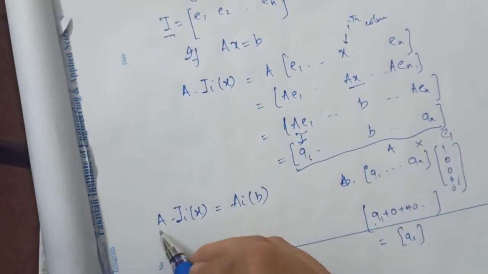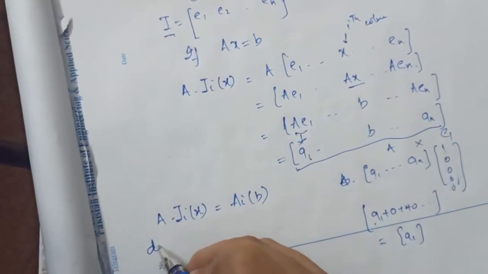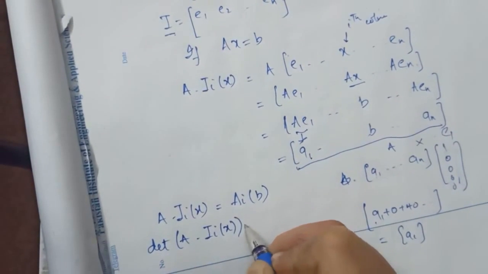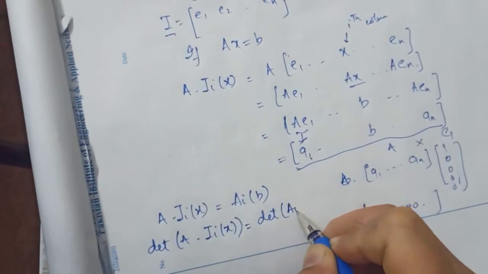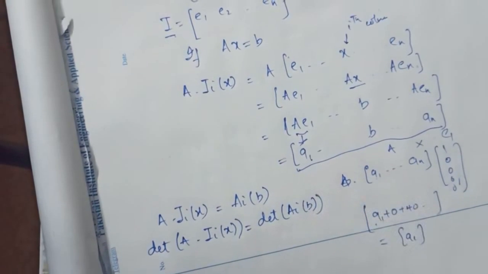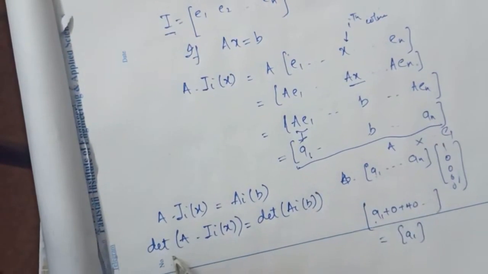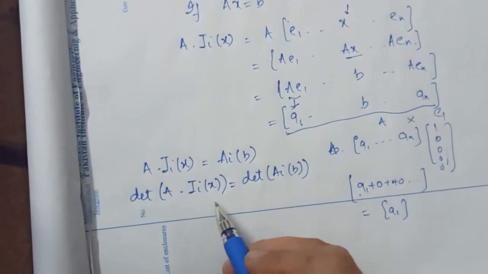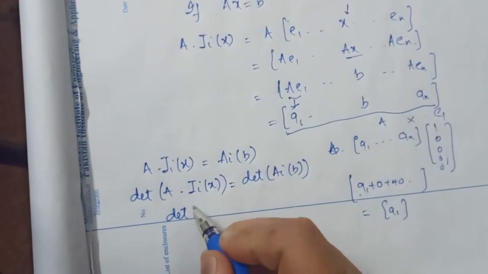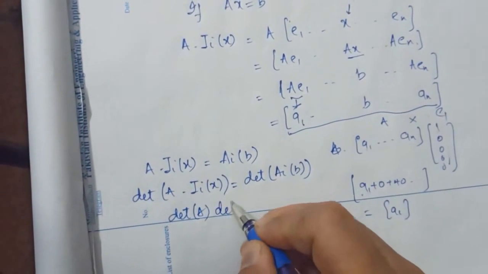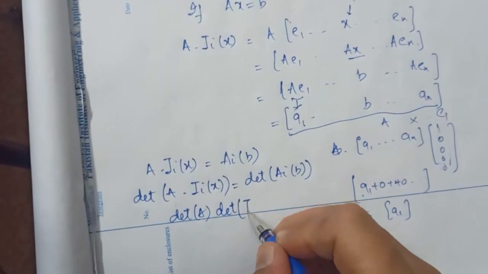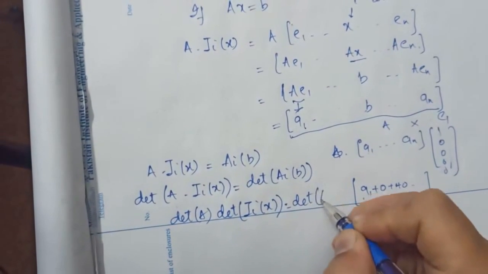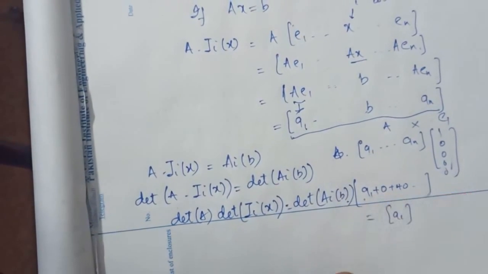Now if you take the determinant of this on both sides, you get determinant of A times I of x is determinant of A times I of b. Now because we know that determinant of AB matrix is determinant of A into determinant of B, this is determinant of A, and this is determinant of I of x, is equal to determinant of A I of b.